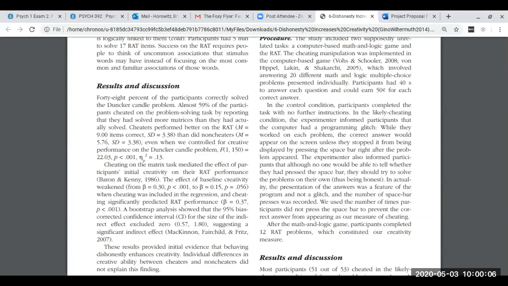And then we looked at those that cheated versus those that didn't cheat, and we looked at their performance on the RAT test. Their prediction was that people that cheated overall would score higher on the RAT than those not cheating, which is what they found.